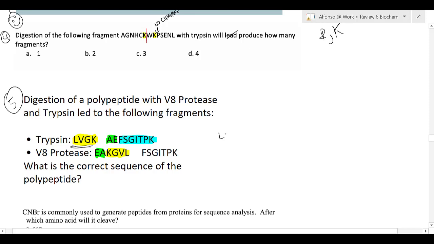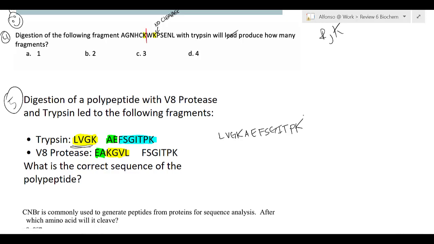We can start off with LVGK, and then what? AE, and then FSGITPK. Are there any questions? Yes.